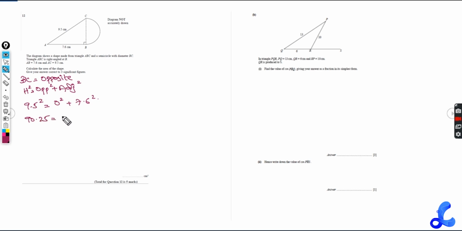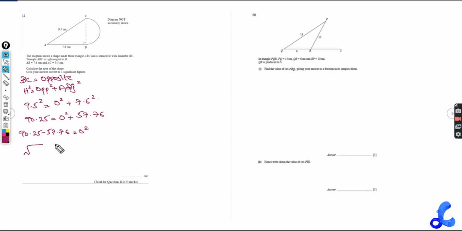90.25 equals O square plus 57.76. 57.76 goes to the other side. So 90.25 minus 57.76 equals O square.